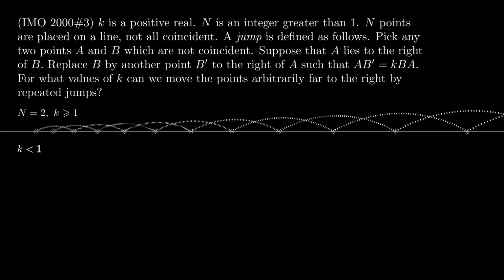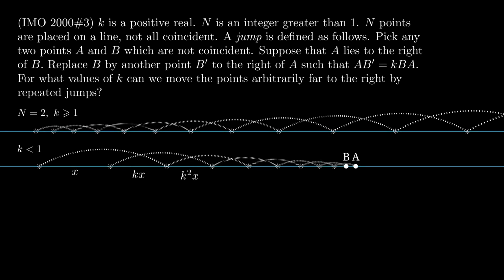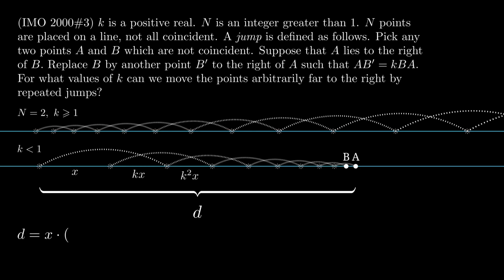But what if k is less than 1? Let us denote the initial distance between points as x. After the first jump, it equals kx, then k squared x, and so on. The total shift from the initial position is the sum of a geometric progression, x times (1 plus k plus k squared, and so on).